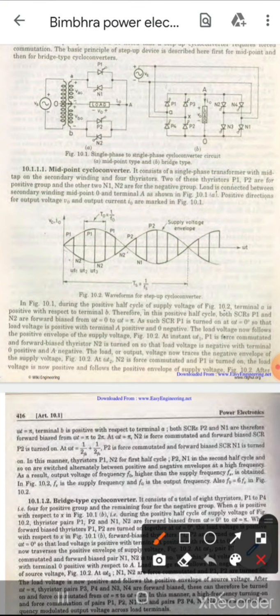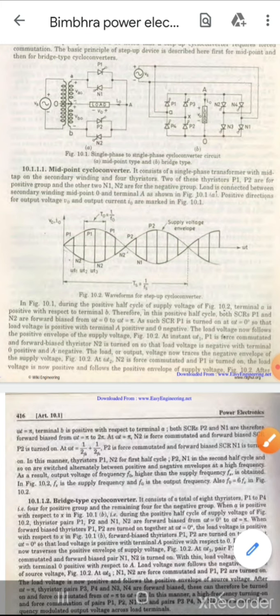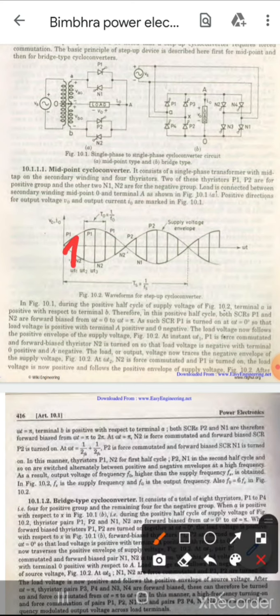That means current will flow in this direction. So the load voltage now follows the positive envelope of the supply.